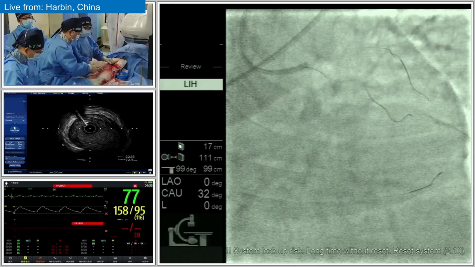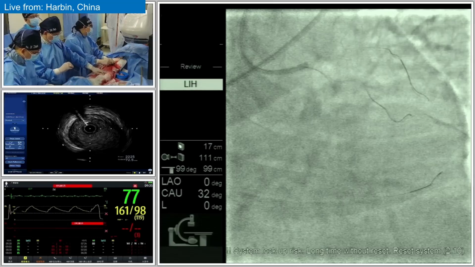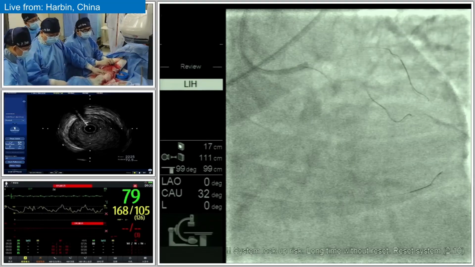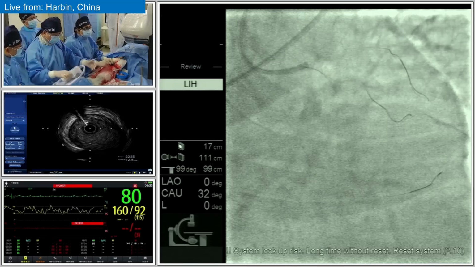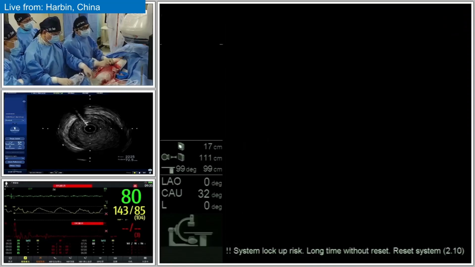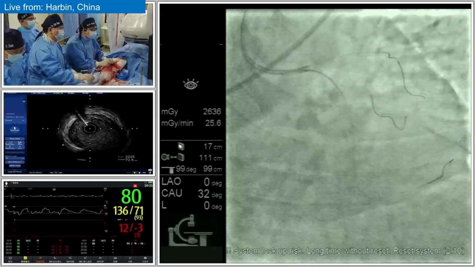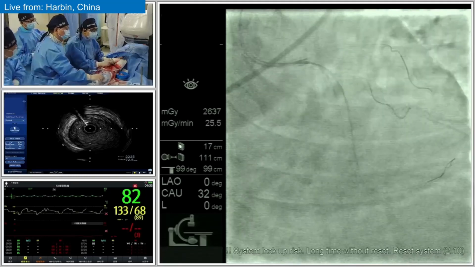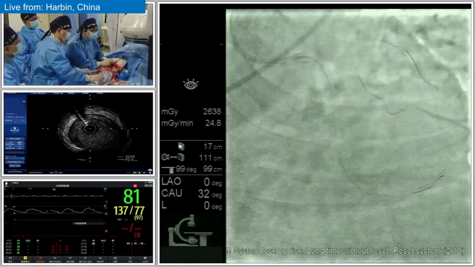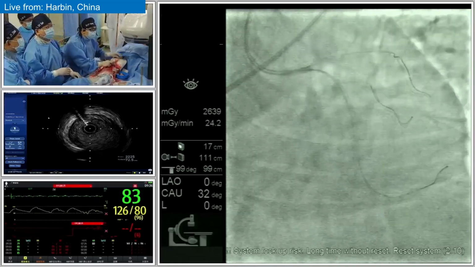Yes. In fact, after predilation, from the angiography we can see the occlusion segment is successfully recanalized, and there is no significant dissection.